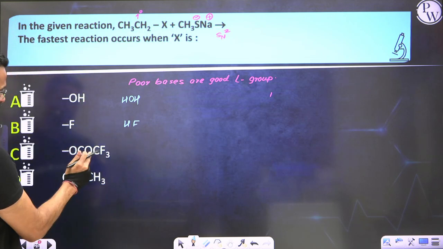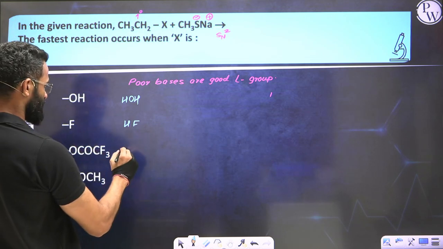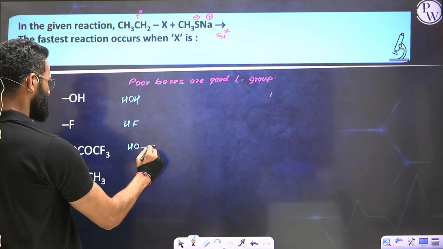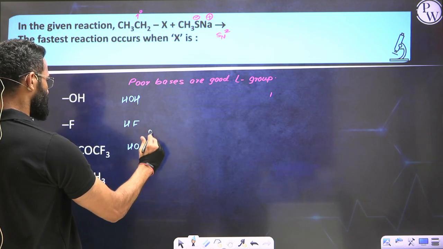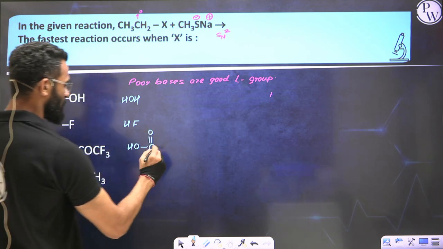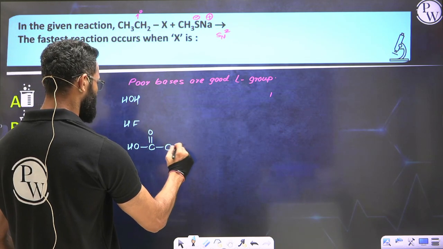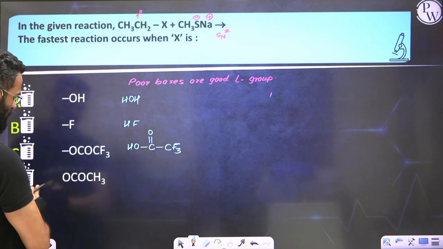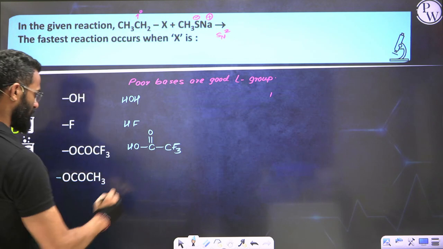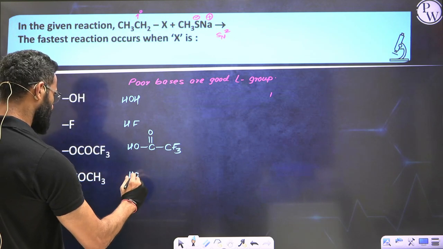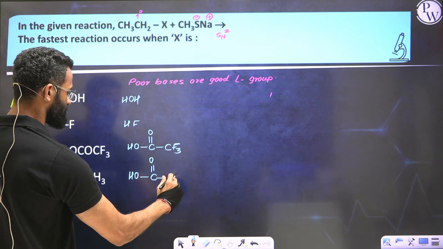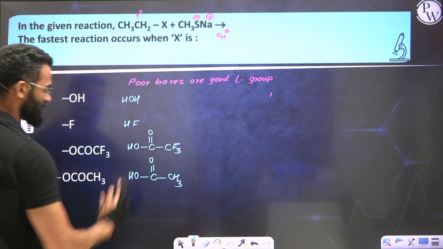If I add H here, CF3COOH, where I added H to O and we have C double bond O carrying CF3, this is trifluoroacetic acid. And here, if you add H, this is OH, C double bond O and CH3. So this is acetic acid.